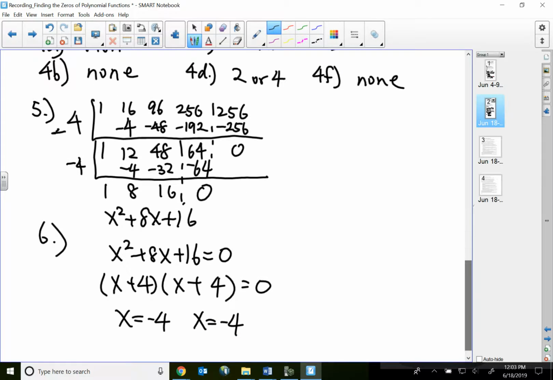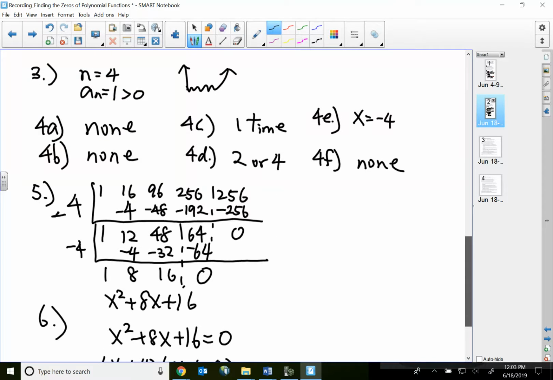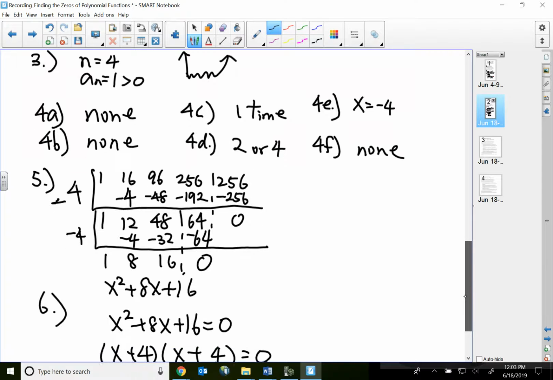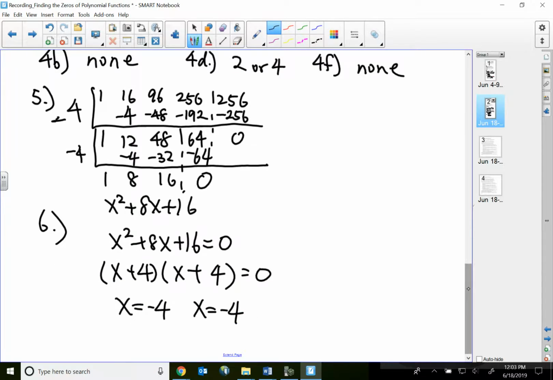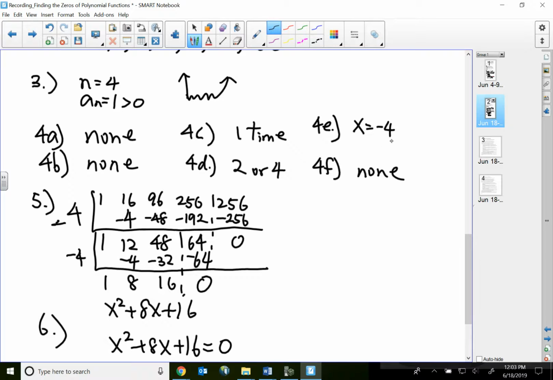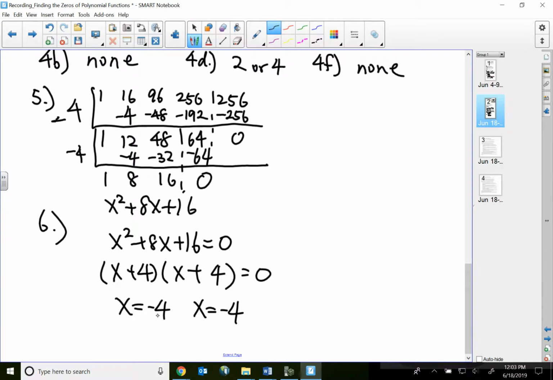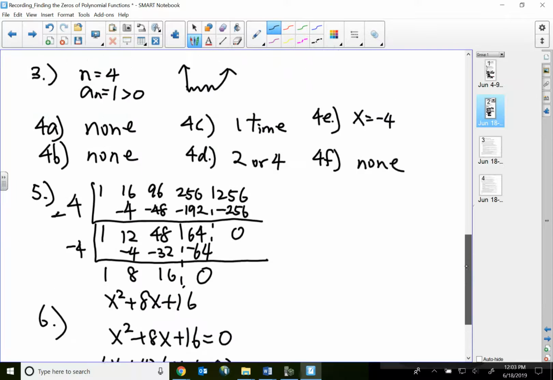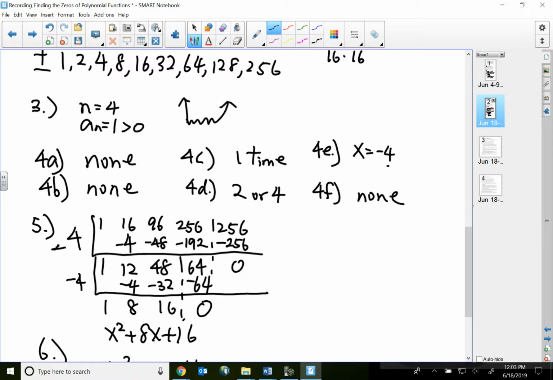So it turns out my multiplicity for this zero, negative 4, is actually all 4 of them. Unfortunately, we do not know negative 4 has a multiplicity of 4 until we actually solve for the other 2 zeros. That's the reason we still have to go through the process of synthetic division and solving the quadratic, in order to come back and say the multiplicity is actually 4, not 2.